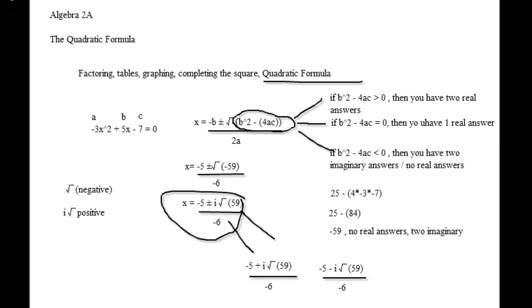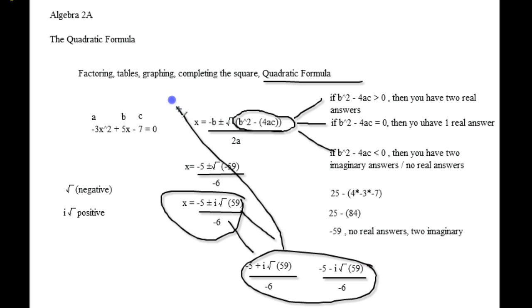Now the cool thing is that these answers will not show up when you're graphing. So if you're trying to graph, you're not going to see those. So what is actually happening with this graph? Just a quick picture representation. It's either being like this, or in this case, since a is negative, it's probably being upside down.